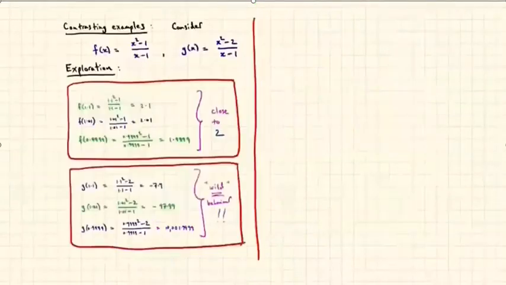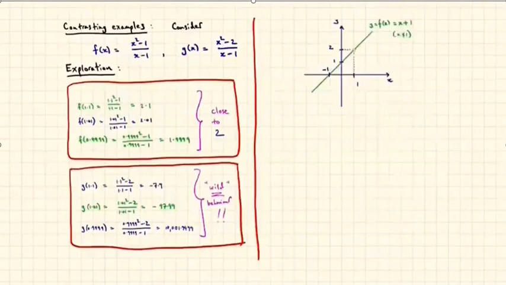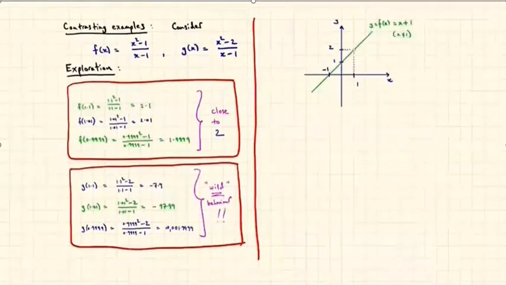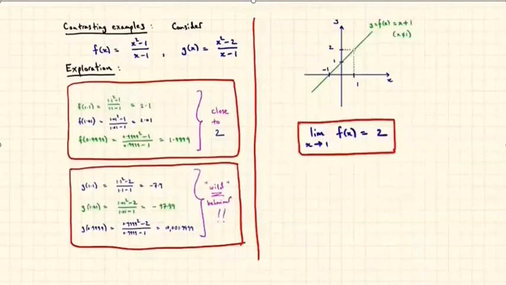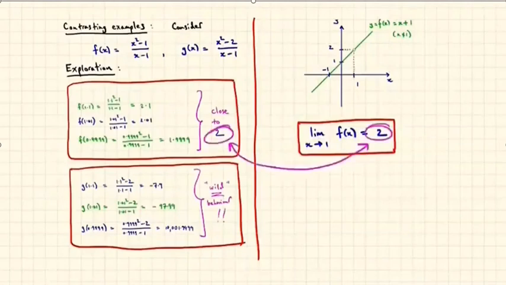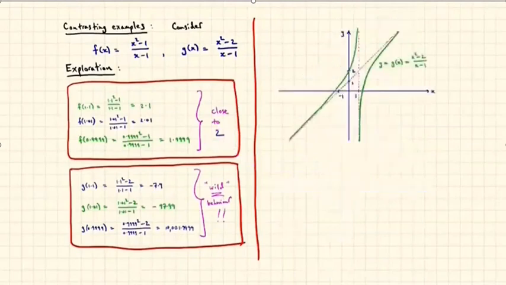So let's return to both our examples f and g. The graph of f we saw was in fact a line, but with one point missing. As x approaches 1 from either side, f of x approaches 2, captured by this limit statement. And this confirmed our exploration. By contrast, now that we know about the graph of g, we can understand the wild fluctuations.